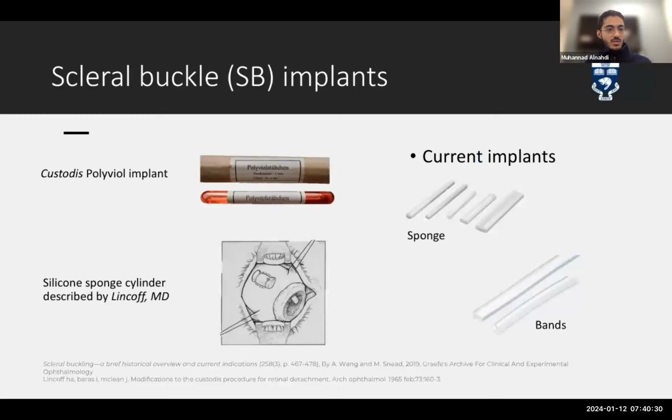The Custodis global implant we see in the top right corner, and the figure below shows the first silicone sponge implant introduced by Harvey Lincoff. On the right-hand side, we have two different types of material. This is not in keeping with all of the materials that are available, but shows examples of how things have evolved.